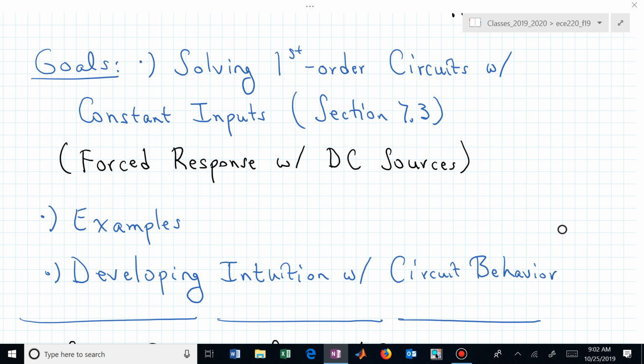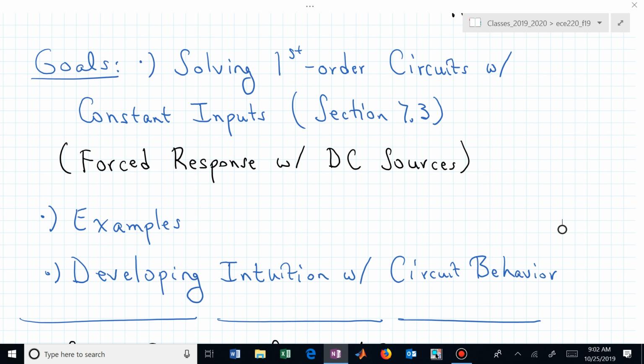This is coming from section 3 in chapter 7, and you might hear this called a forced response with DC sources, etc. We'll work through that process, stepping through how do we find the solution, and we'll actually just abbreviate it with an acronym. Because we are dealing with constant sources, the solution structure is fairly clean.